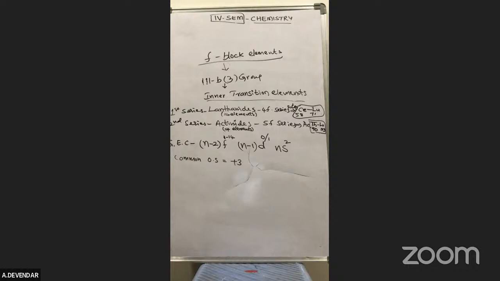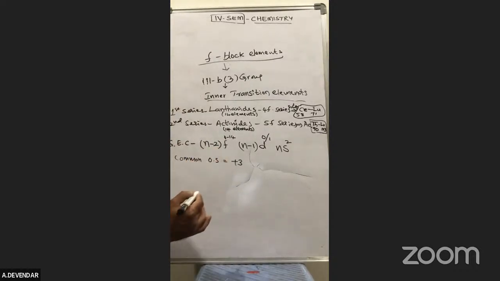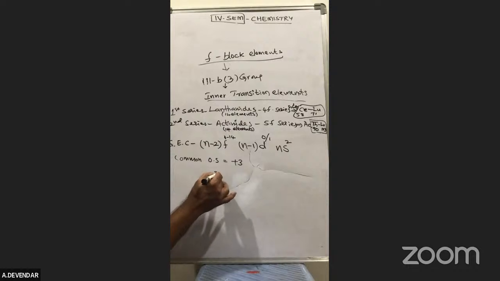And the main important question is: what is lanthanide contraction? It is a repeated question. In A, B, C sets of the papers, in any set of the paper, this question will be compulsory. What is lanthanide contraction? If you see the elements, let's say I'm writing the 3d block elements and the third B group elements, also called 3B or third group.